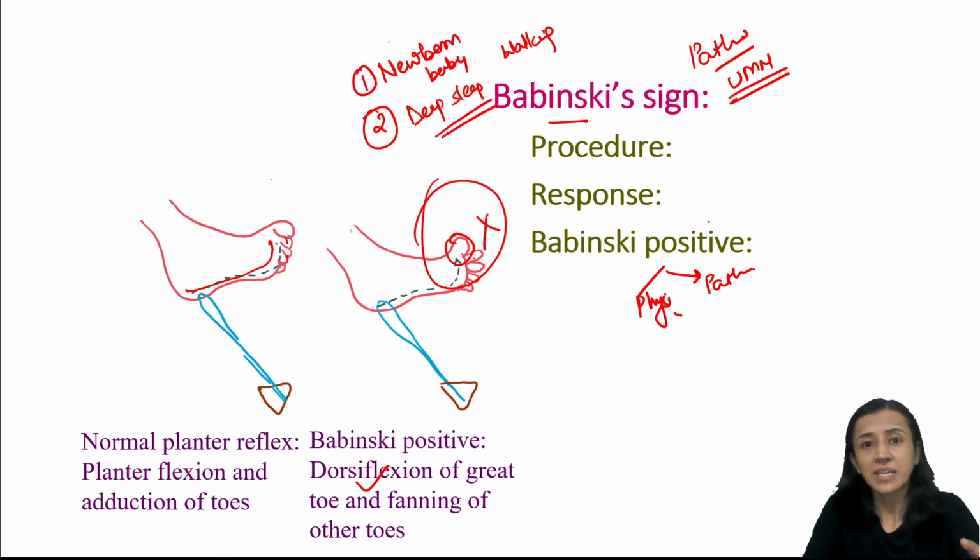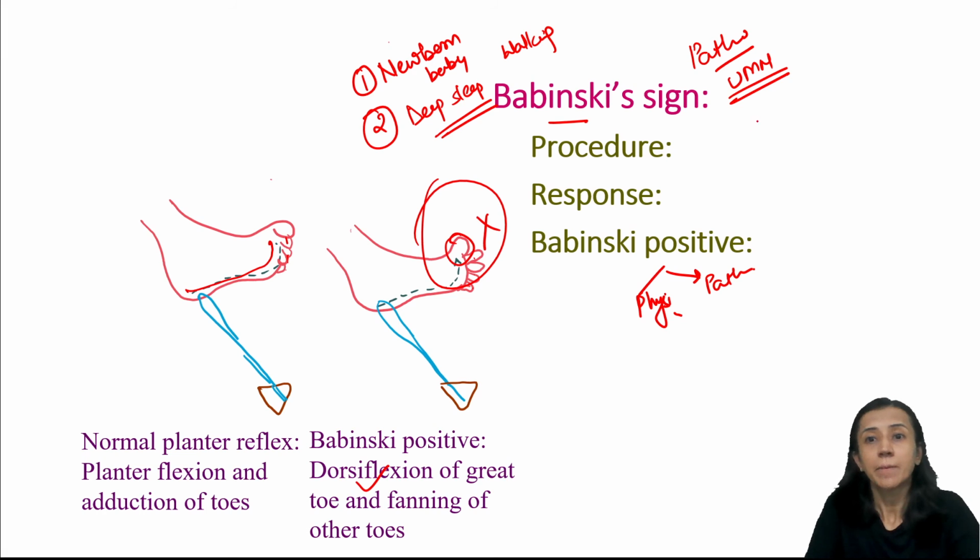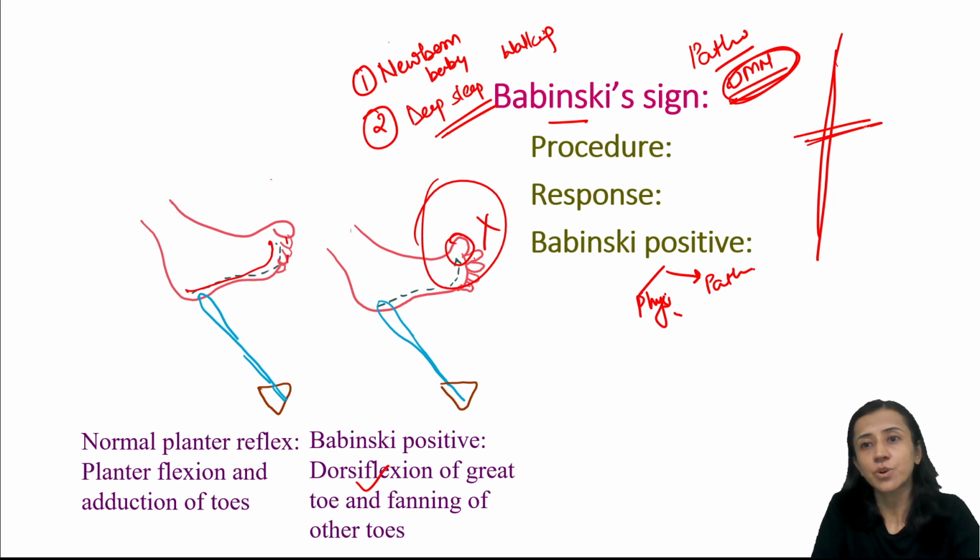I will explain this thing. Babinski is a withdrawal response, but it is modified by our brain through upper motor neurons. Upper motor neurons modify this reflex into normal plantar flexion. But when upper motor neurons are damaged, this modification is not possible.